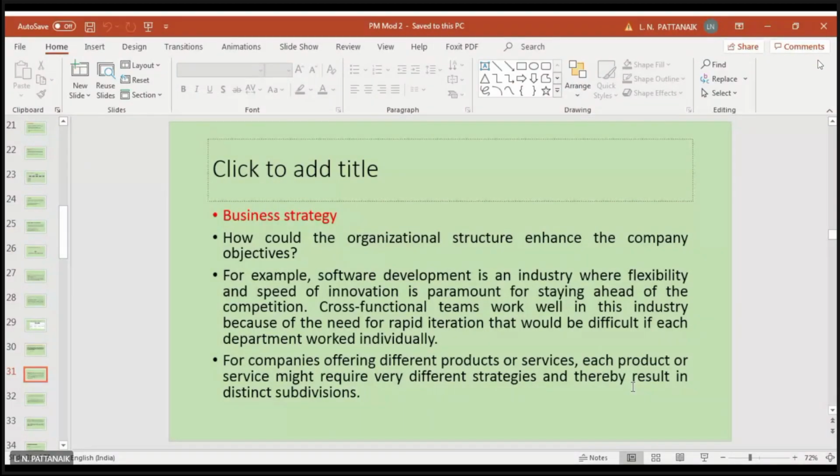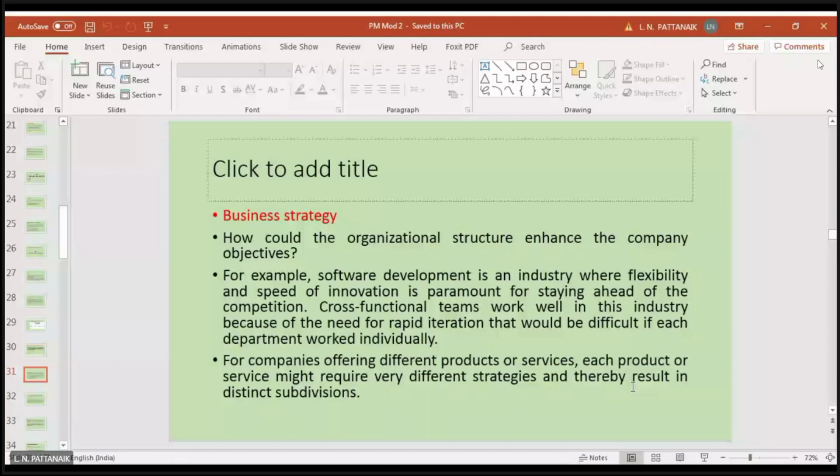There you need to have better cross-functional teams. If they work in isolation like military organizations, it is not going to have any interest for the company. So for rapid iteration and innovation, they need cross-functional communication and cooperation. In that case, they will go for a structure which encourages cross-functional dealings.